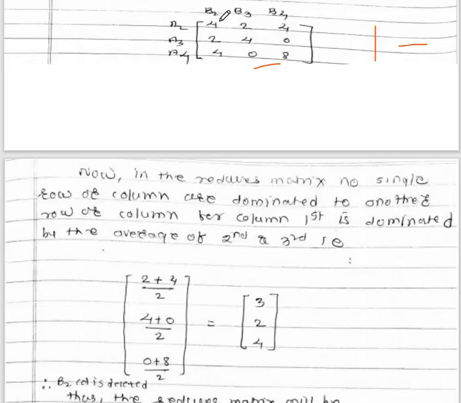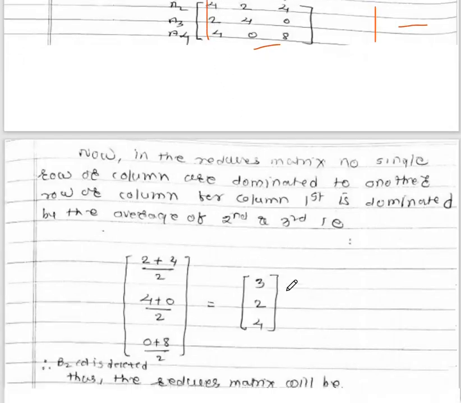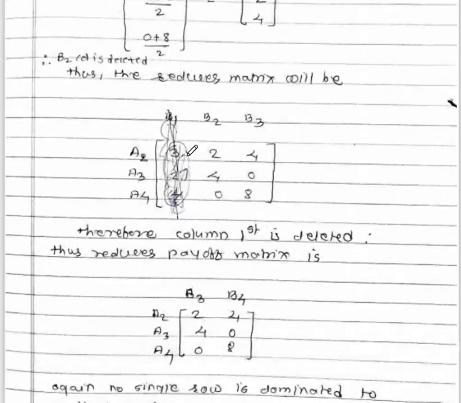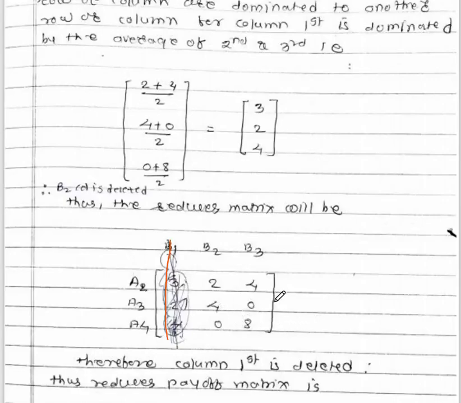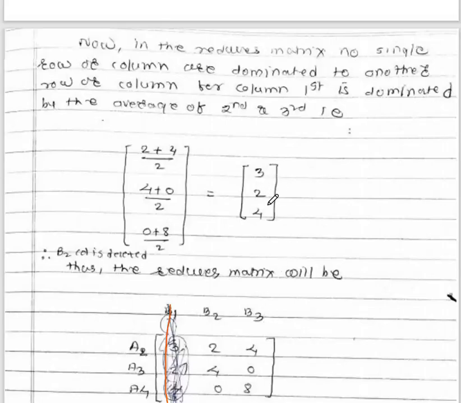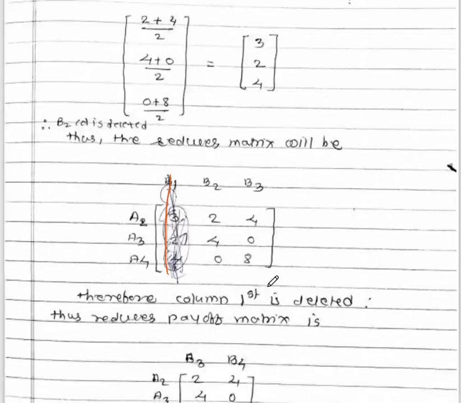So therefore we will delete the first column. Then the reduced payoff matrix can be written as 2, 4, 4, 0, 0, 8. Now the payoff matrix is reduced to two columns.